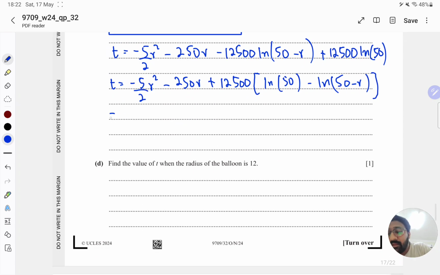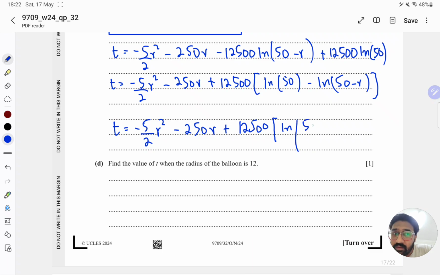Since they are subtracted, we'll divide them, so we'll be left with the final answer. Let me write the final answer: minus 5 over 2 r square minus 250r plus 12500 bracket ln of 50 divided by 50 minus r. This will be the final answer.